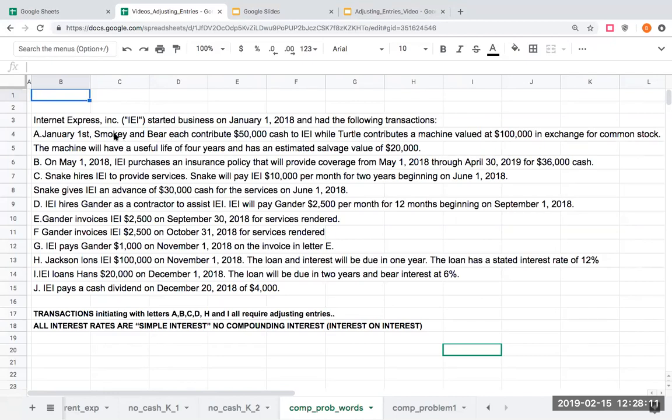Here we've got January 1st, Smokey and Bear each contribute $50,000 cash, while Turtle contributes a machine valued at $100,000, all in exchange for common stock.